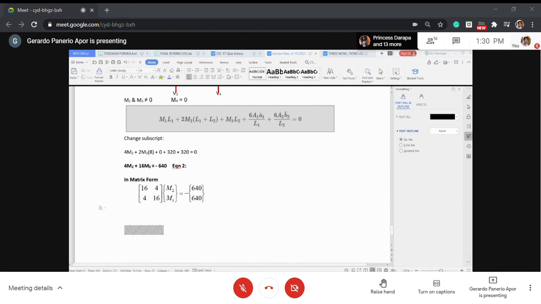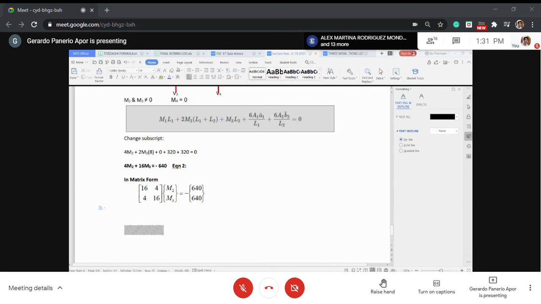This one will be 16, this one will be minus 4, this one will be minus 4, and this one is 16.